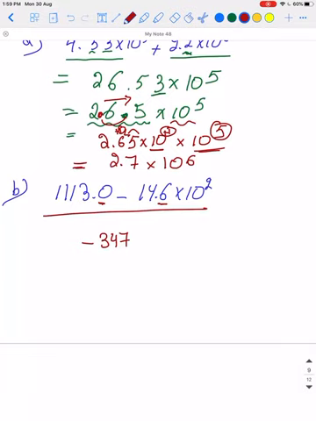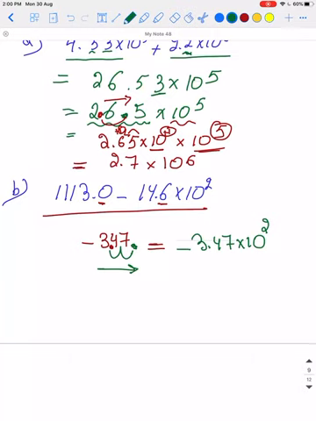But this is not in scientific notation, so I want to put the point here such that it makes scientific notation. The original one is here, so it's displaced two times to the right, so the power should be negative, so minus 3.47 times 10, should be positive, sorry, because it's to the right.